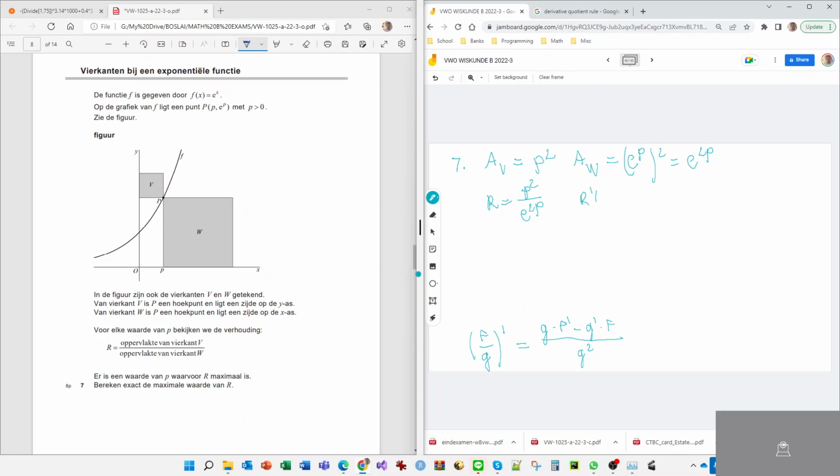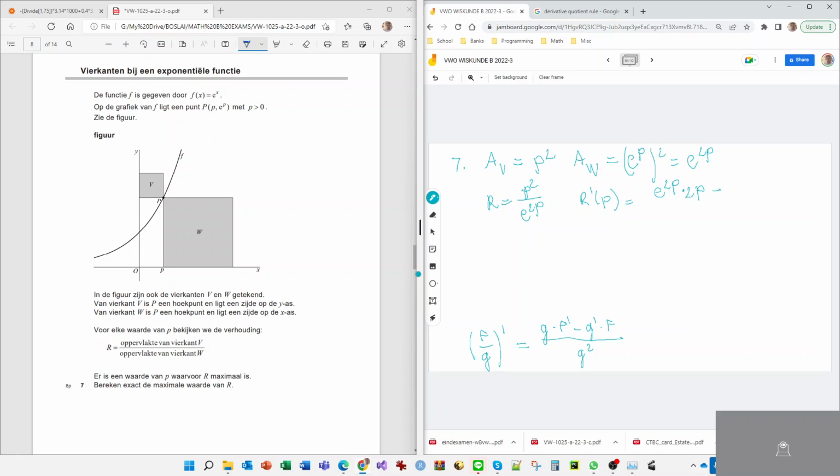R prime of p is then my function g times the derivative of p squared, which is 2p, minus the derivative g prime. Well, use the chain rule.